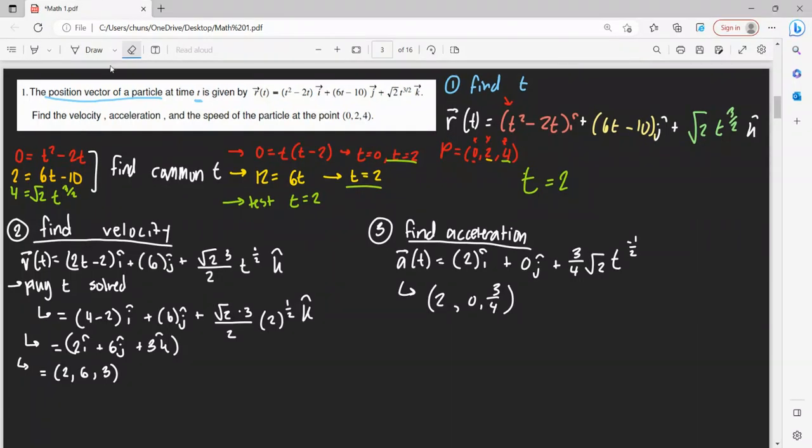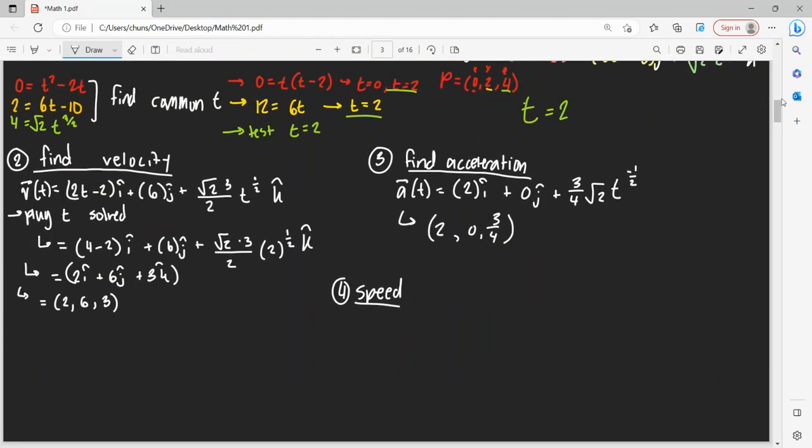Right? And lastly, we are asked to find the speed of the particle. So that's nice and easy. So we are just taking the magnitude of that.